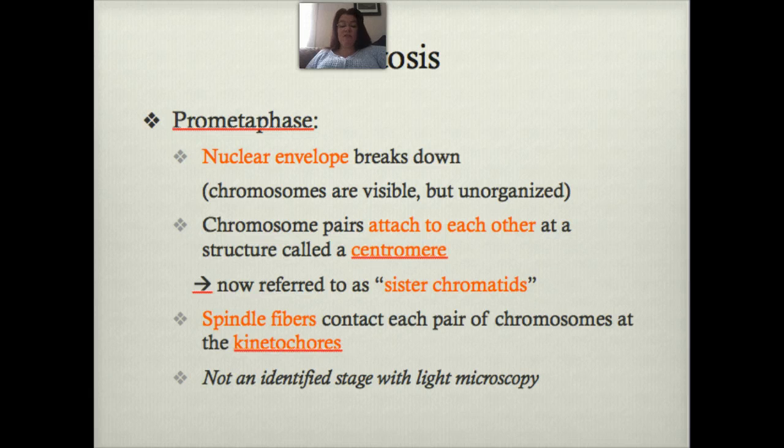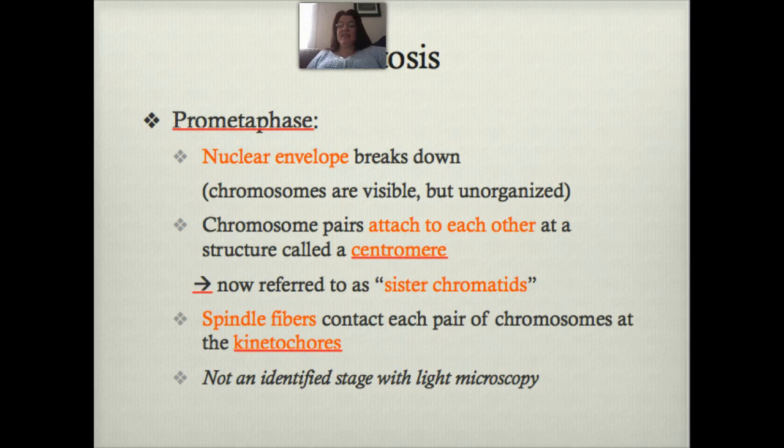When we go to prometaphase, remember, a couple of things are going to change. The nuclear envelope is going to break down, and the chromosomes will be released into the cytoplasm. We'll still see them, but they'll look very unorganized. The chromosome pairs will be attached to each other at a structure called the centromere, and we're going to give these chromosome pairs a name now. We're going to call these sister chromatids.